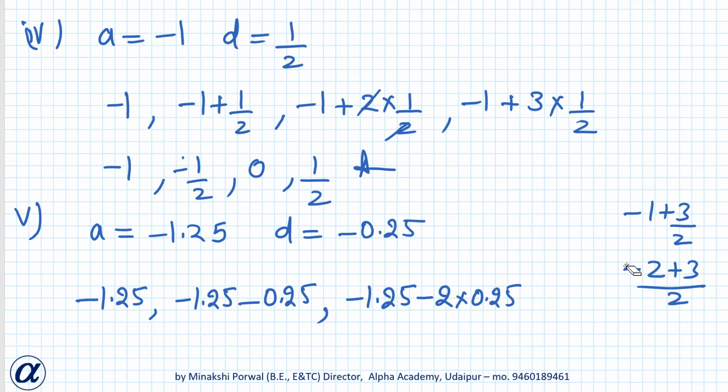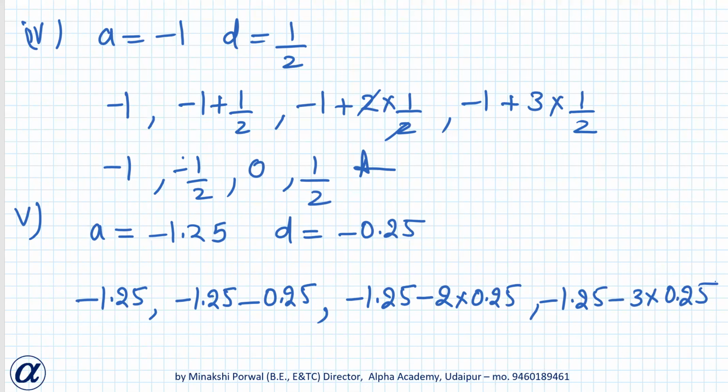And next will be A plus 3D, that is minus 1.25 plus 3 into 0.25. Okay. So this will be minus 1.25, minus 1, minus 0.75, and minus 0.5. Okay. This will be the answers.